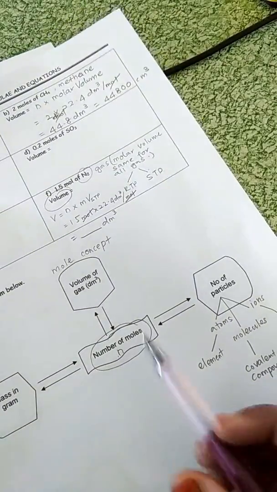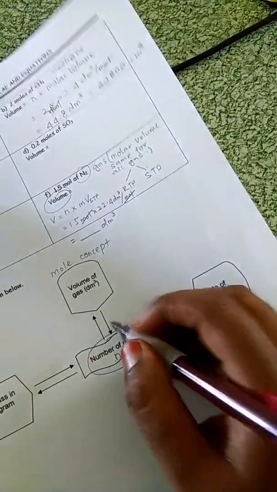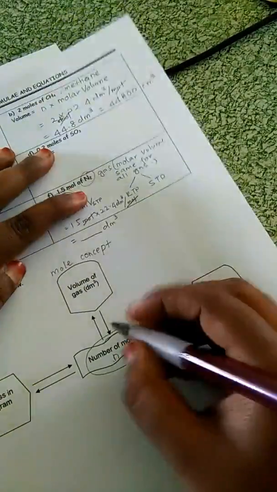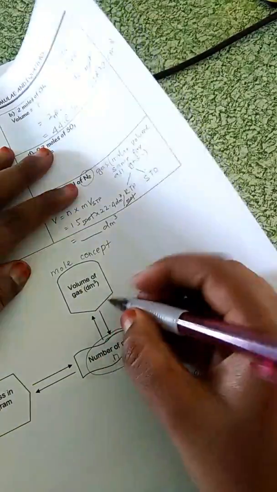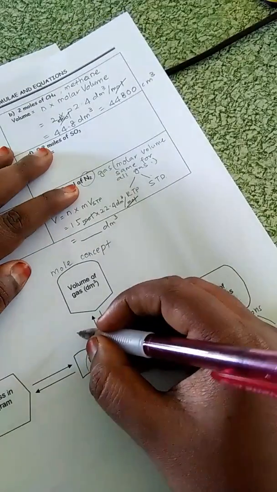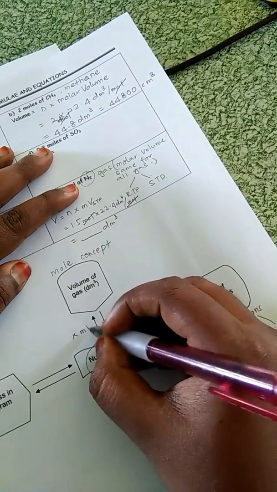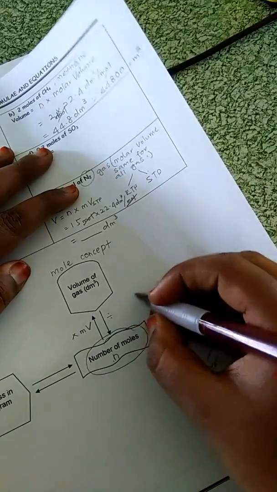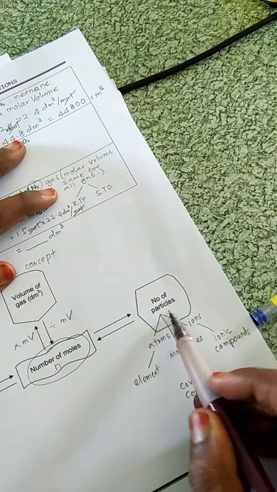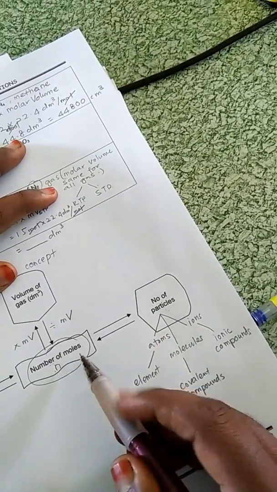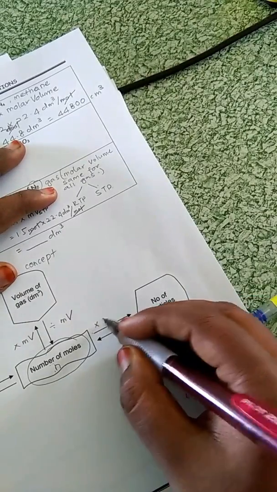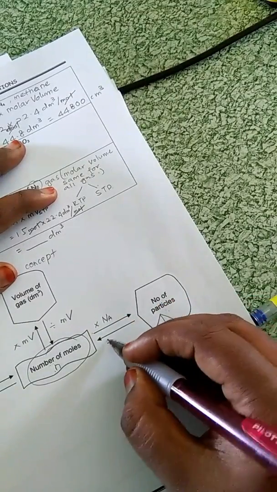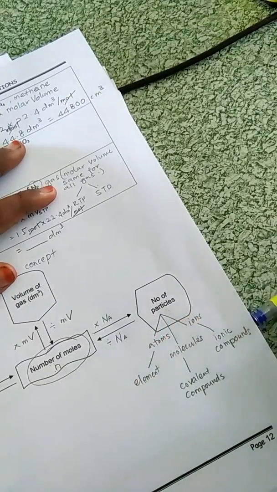So here what you have to do is complete the diagram. From number of mole to get volume of gas, you times molar volume. Here you divide by molar volume. To get number of particles from number of mole, you times Avogadro constant, and divide by Avogadro constant for the reverse.